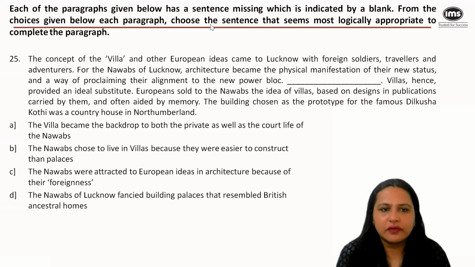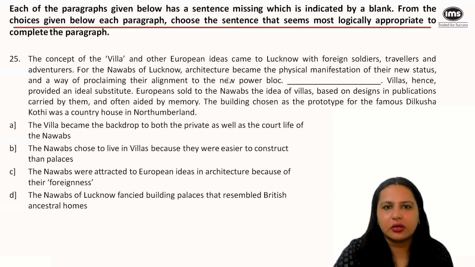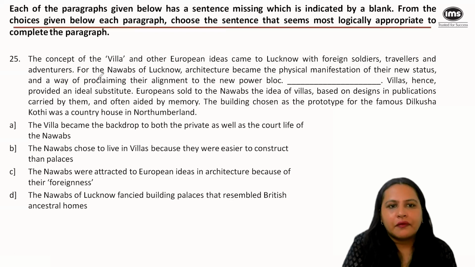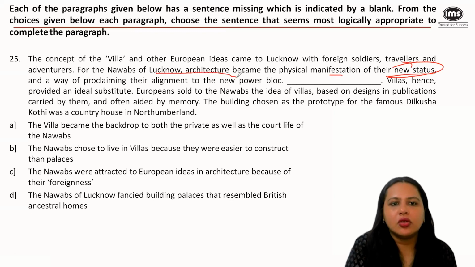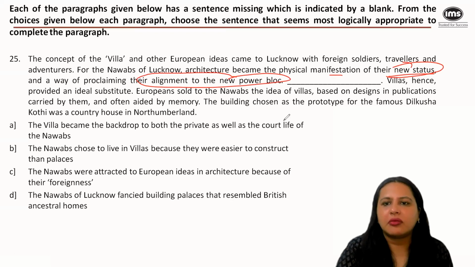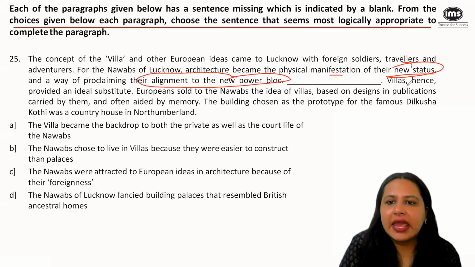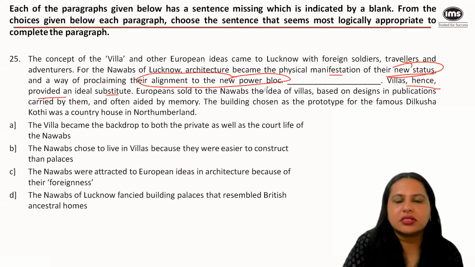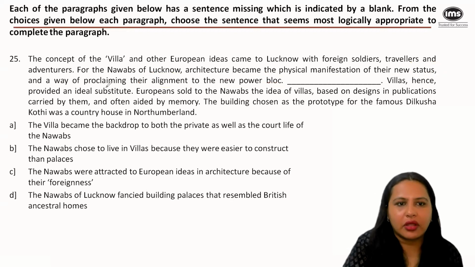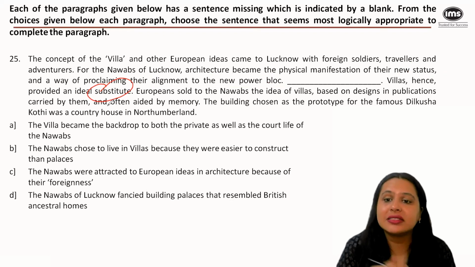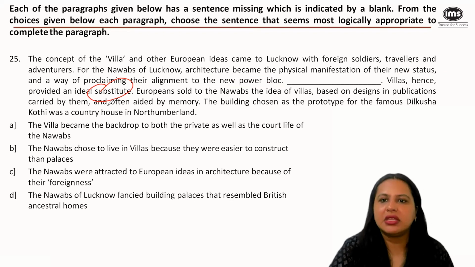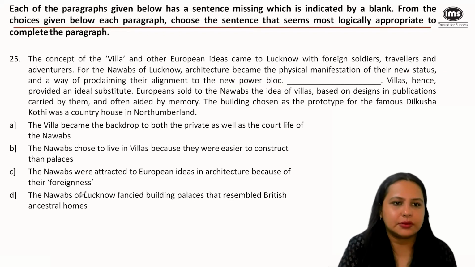So if you read the sentence prior to the blank, for the Nawabs of Lucknow, architecture became the physical manifestation of their new status and a way of proclaiming their alignment to the new power bloc. So here, new power bloc is basically the Europeans they are talking about. Villas hence proved an ideal substitute. So if I'm looking for a substitute, hence it proved to be a substitute. So keep these things in mind and let's look at the options now.